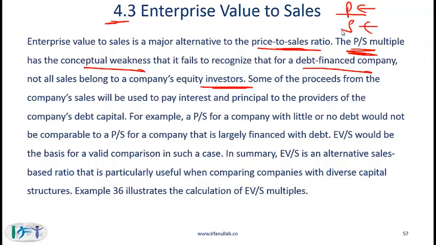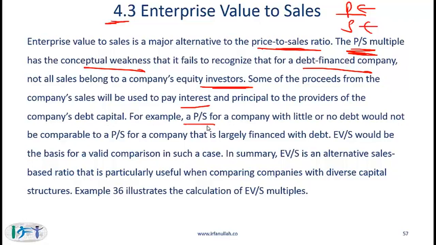But the S is not purely an equity holder perspective, because the sales, in a sense, first go to debt holders. Once they are paid off, then the shareholders get their part after that, after the expenses have been paid off. Some of the proceeds from the company's sales will be used to pay interest and principal to the providers of the company's debt capital.